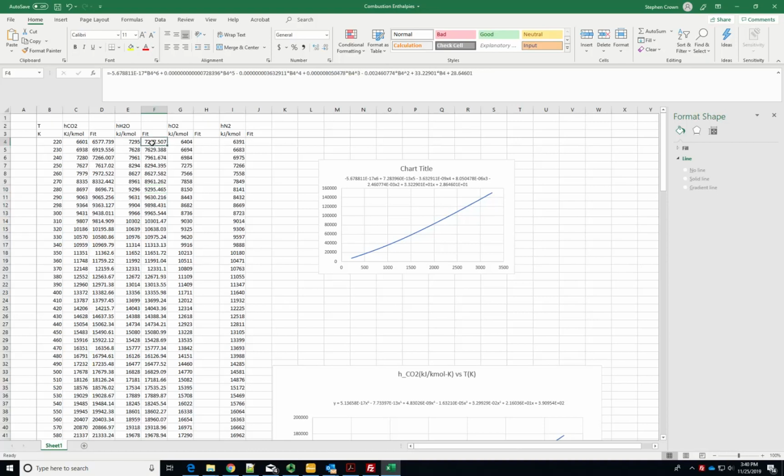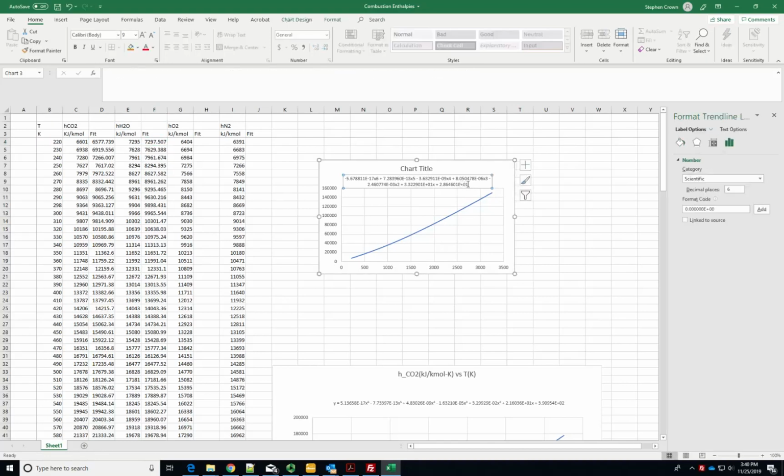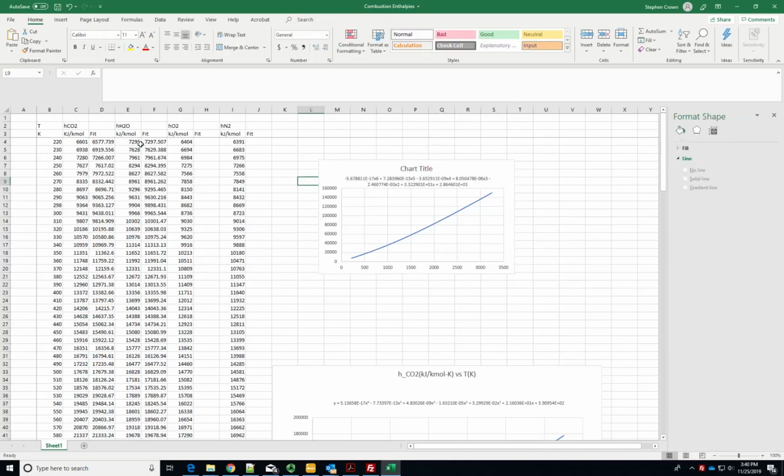And then if I wanted to put that in my program, so now I have for H2O this function, or better yet, take this again. Actually, this is probably okay.